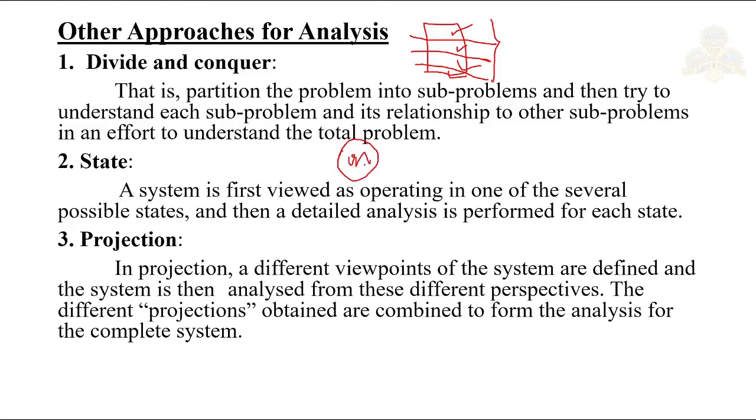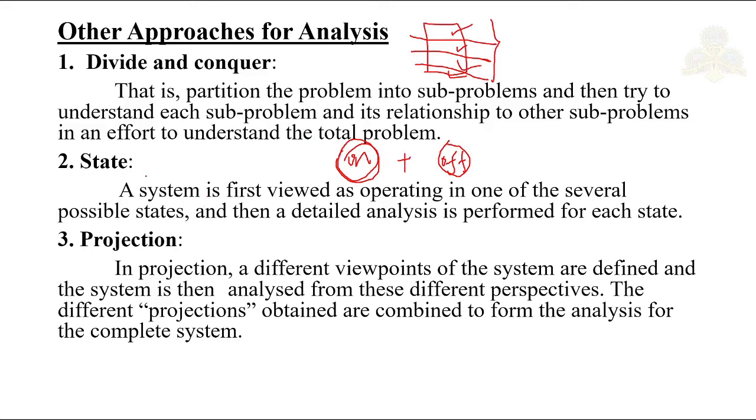Suppose we take a fan, how does it work? On and off, right? So we have two states for that fan. First, whenever the fan is on, what things should be done? We will study that. Then, whenever the fan is off, what things have to be done? We will study that. Then we will combine these so that we get the entire problem.